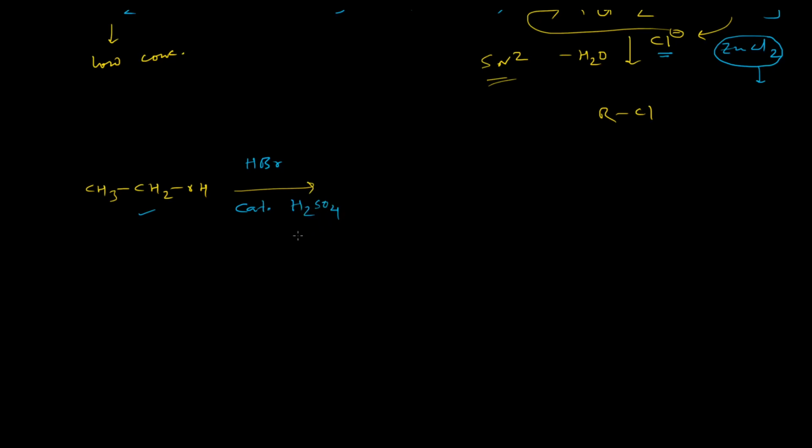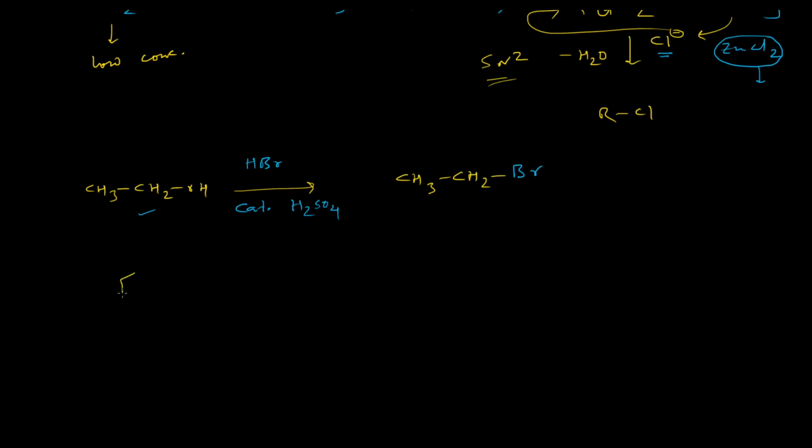So this will eventually act as a catalyst, since the acidity of H2SO4 is higher than that of HBr, and it will protonate the OH group, and Br minus will attack this CH2 in an SN2 pathway. I am not showing the mechanism, it is quite simple. So the product will be this one.